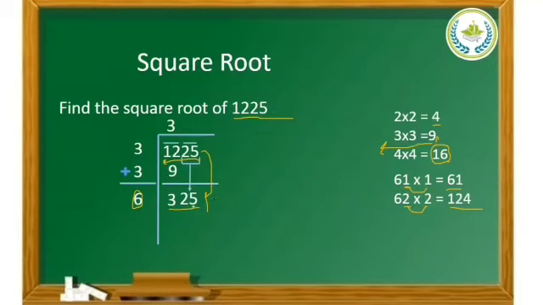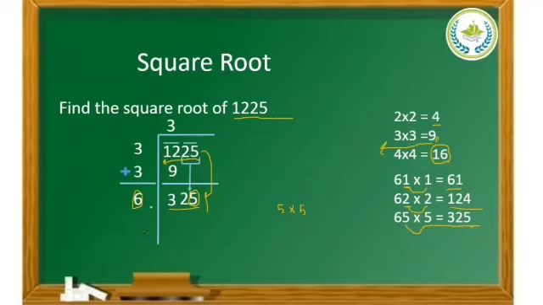You just look at the last number, which is 5, and think which square number can give you 5 as the answer. And for me, it is 5. When I write 5 with the 6 and multiply 65 with the 5, I get 325. So this is the required number.